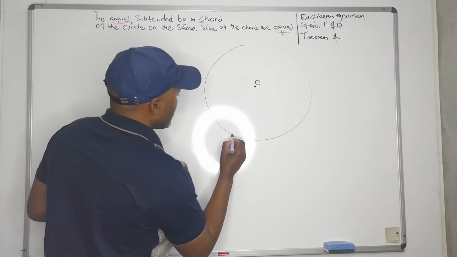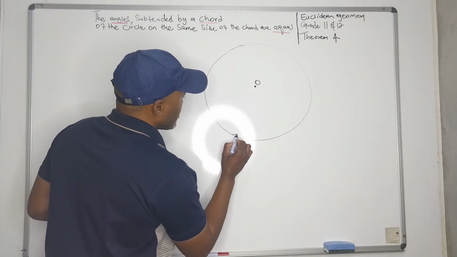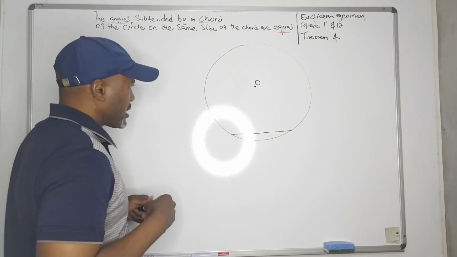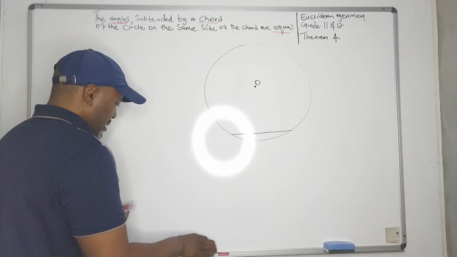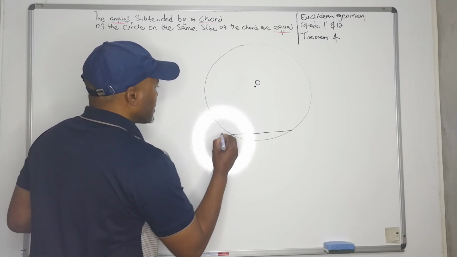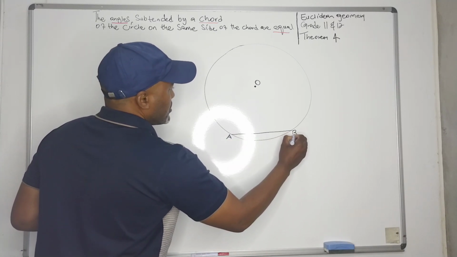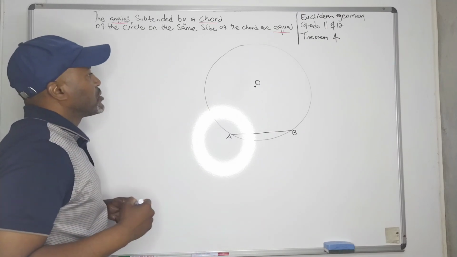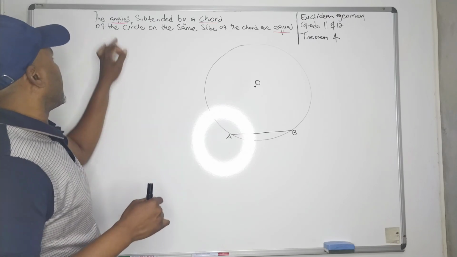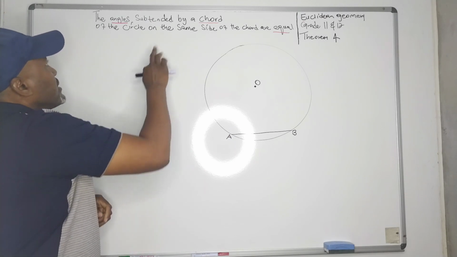So let us draw a chord here where we've got our circle. Since we are all now familiar with the chord, let's name our chord A and B, okay? The statement says that the angles, which means it's not one angle, are subtended by a chord.